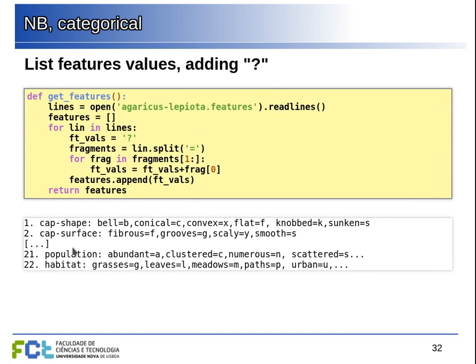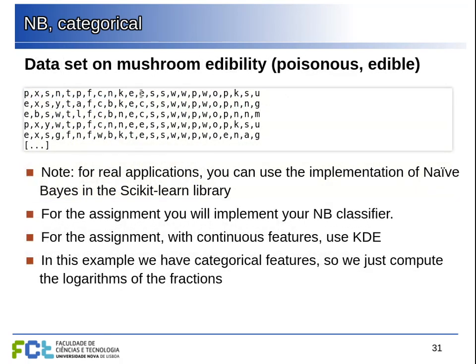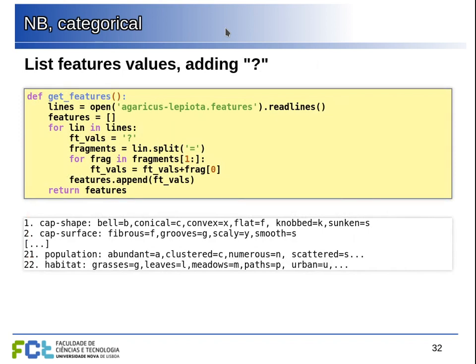Okay, so first we are going to read all of these different letters for the features, and we are also going to add a question mark here, because in some cases when you look at the data, there are some unknown features. So sometimes a question mark appears here, but we'll just add that as another possible value. So unknown is also a possible value for the features that we're going to use.